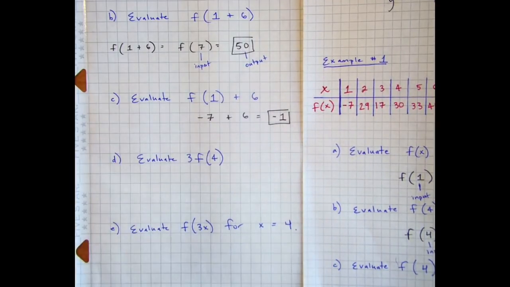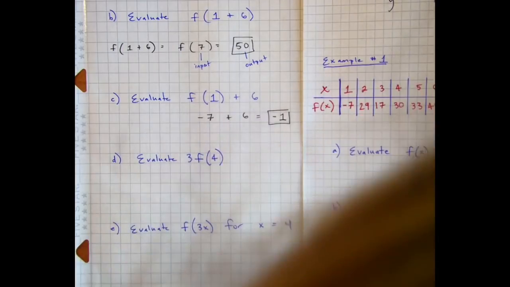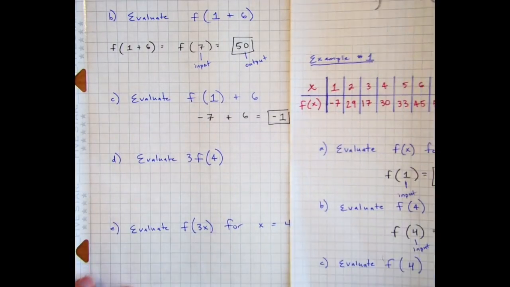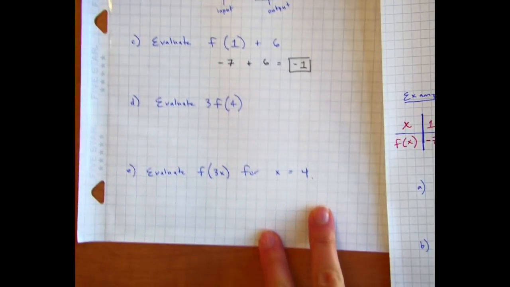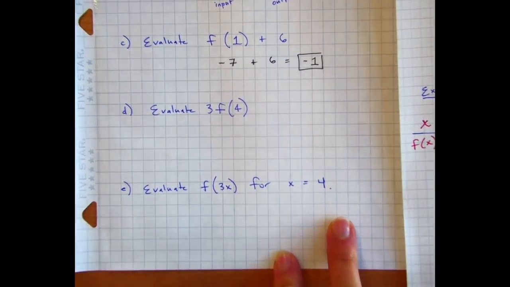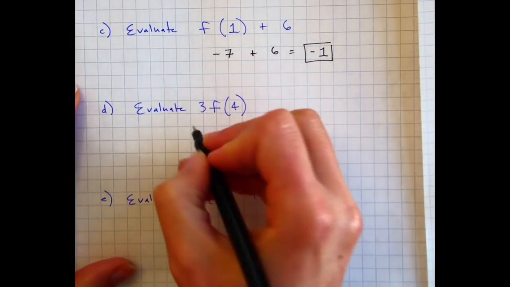All right, and then D and E are kind of extensions of a similar idea, and these show up on your problem set. So quickly to go over D and E. Okay, so here we have 3 times f of 4. So I'm going to multiply 3 times f of 4.